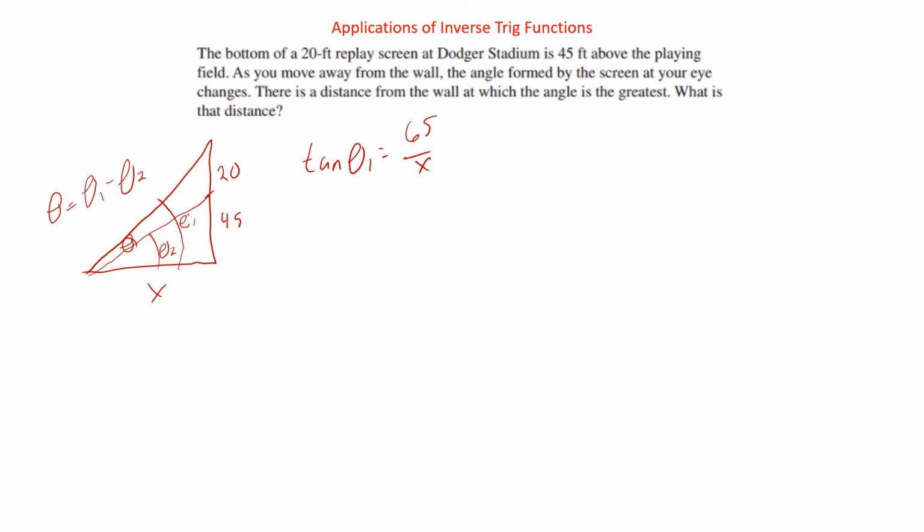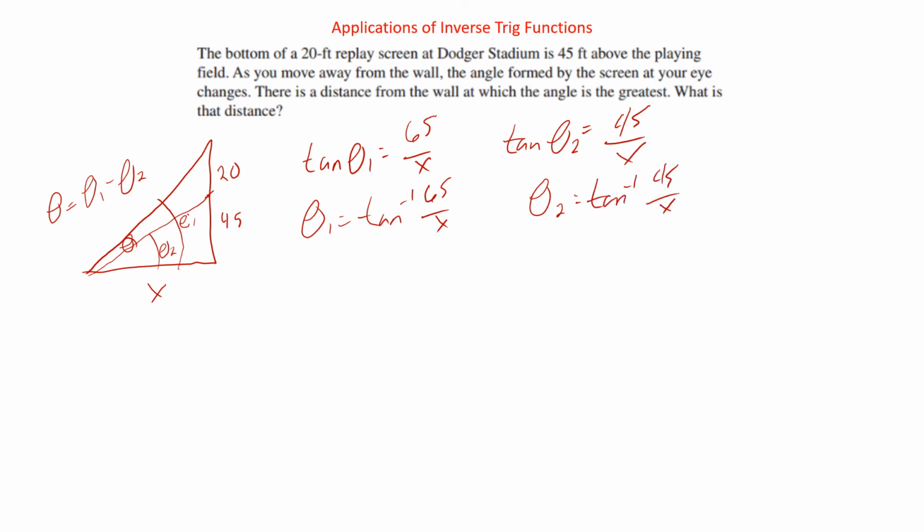Now we can do the inverse tangent of both sides. Theta 1 equals inverse tangent of 65 over x. And then same thing with theta 2. Tangent of theta 2 is going to be 45 over x, which means theta 2 equals the inverse tangent of 45 over x.